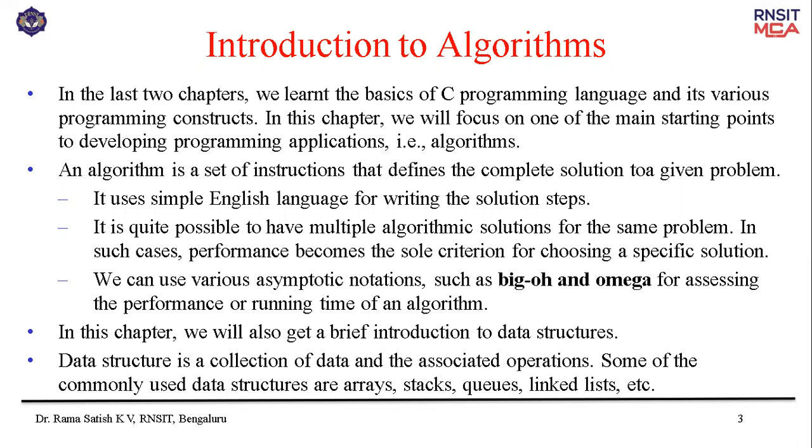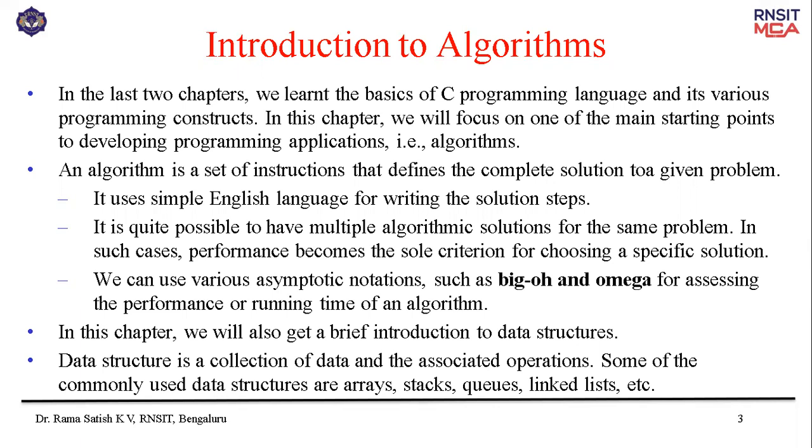Of course, we can use various asymptotic notations such as big O and big omega for assessing the performance and running time of an algorithm. So you can evaluate and consider the performance of an algorithm based on these asymptotic notations.